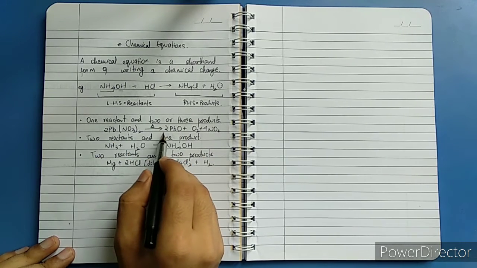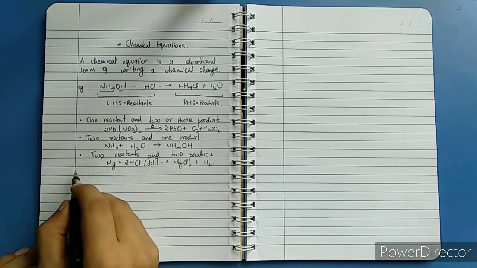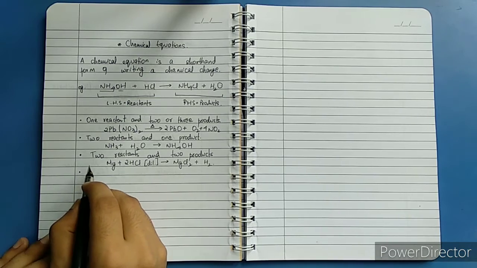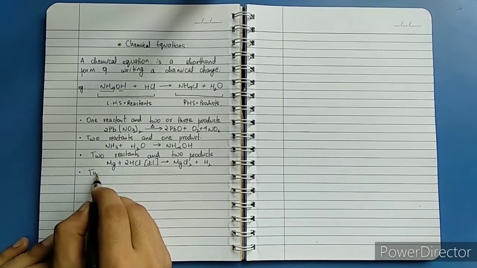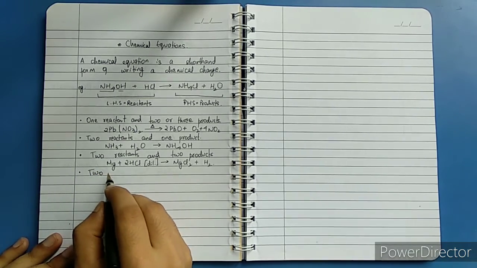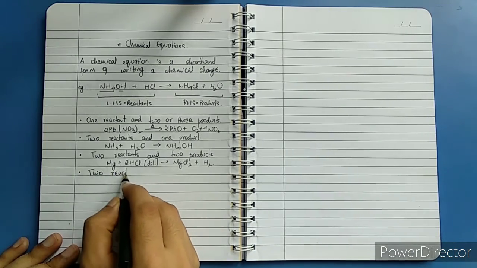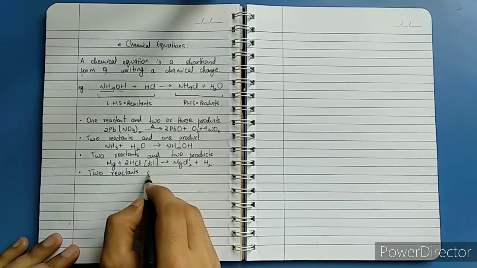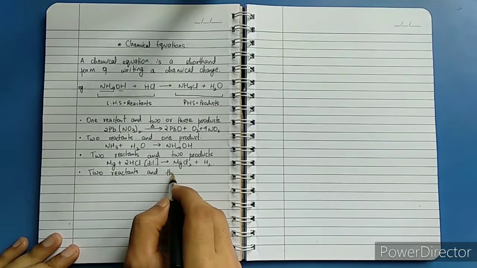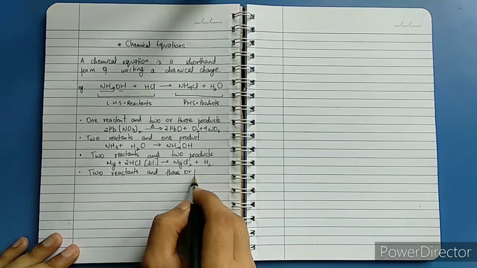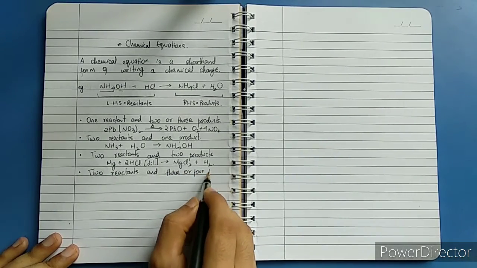This one is a specific decomposition reaction. And the last type of reaction is 2 reactants and 3 or 4 products.